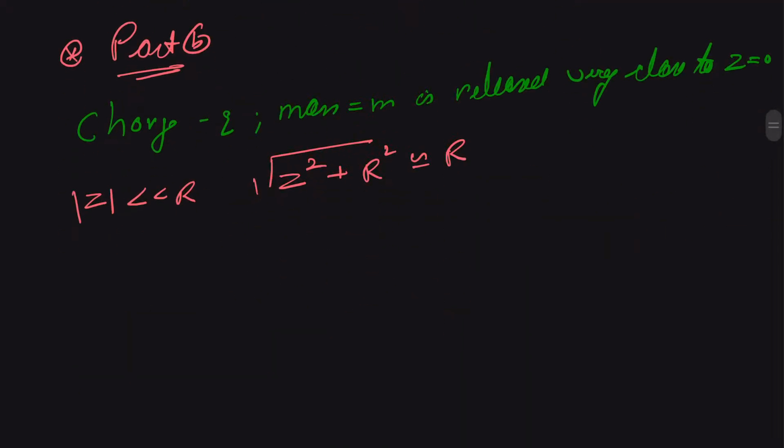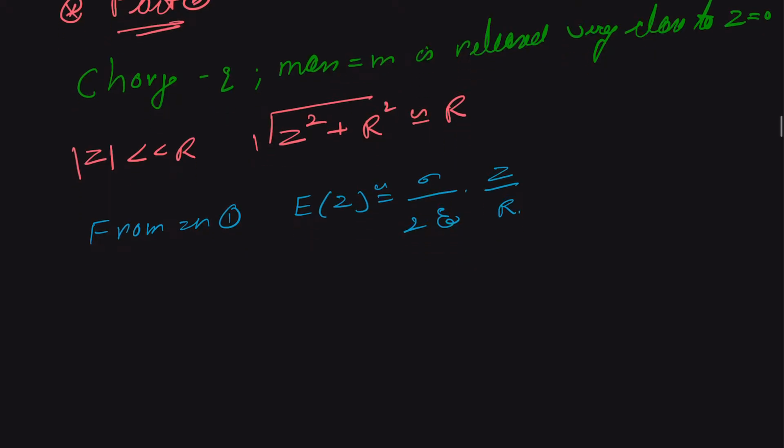So from equation 1, we can write that our electric field will be approximately sigma upon 2 epsilon naught times z upon r.